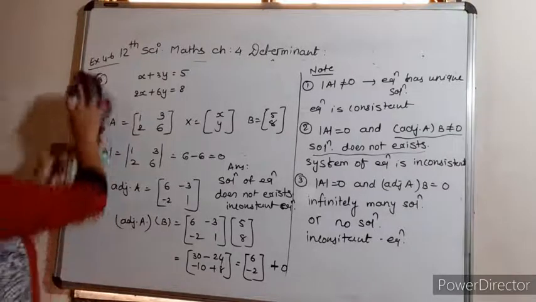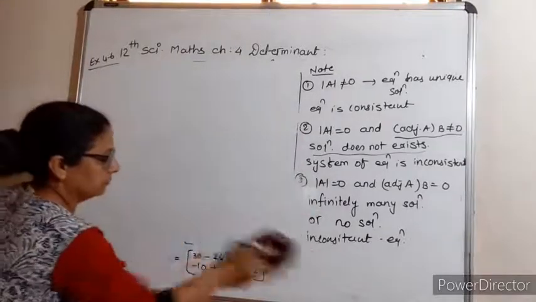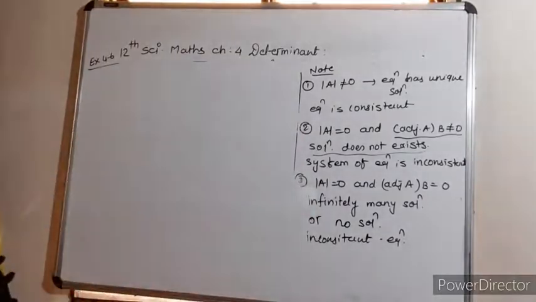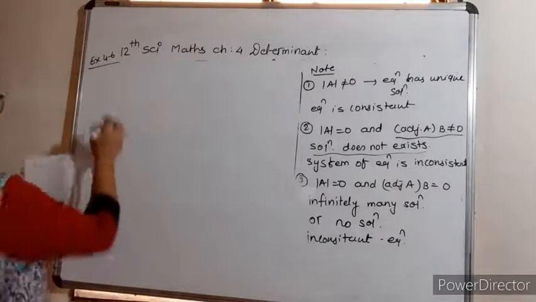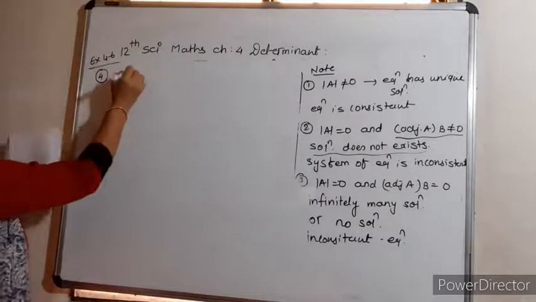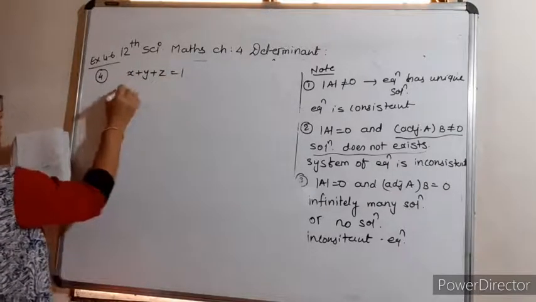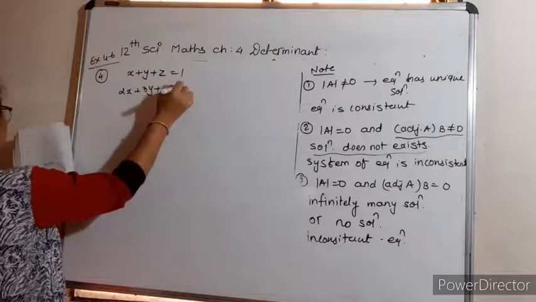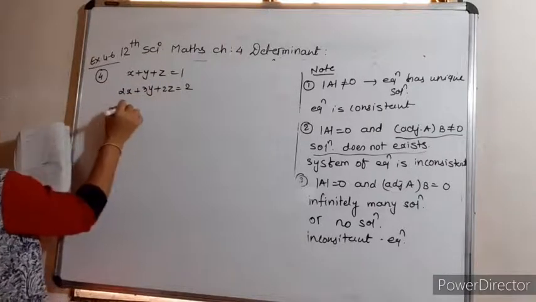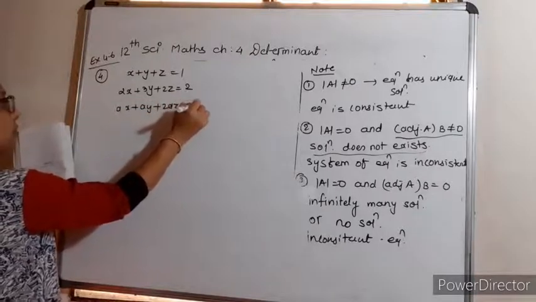Now question number 4. Now fourth: x plus y plus z is 1, 2x plus 3y plus 2z is 2, ax plus ay plus 2az is 4.